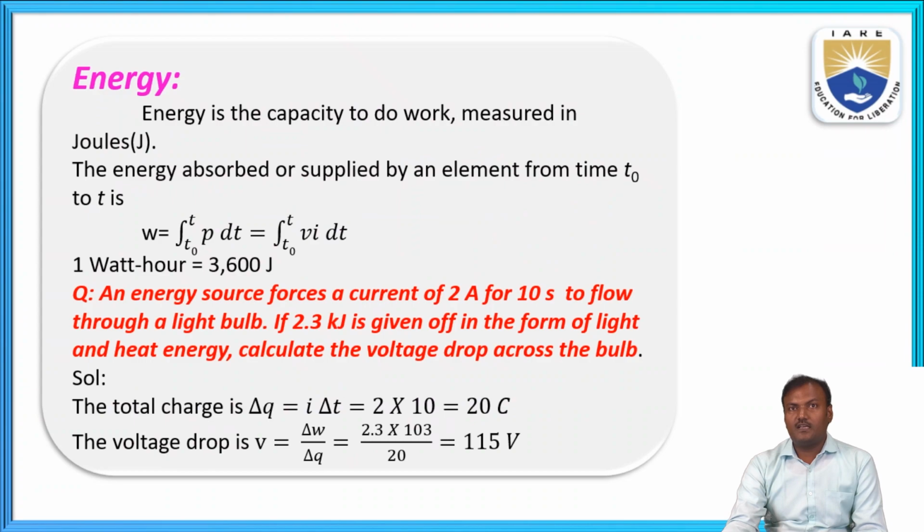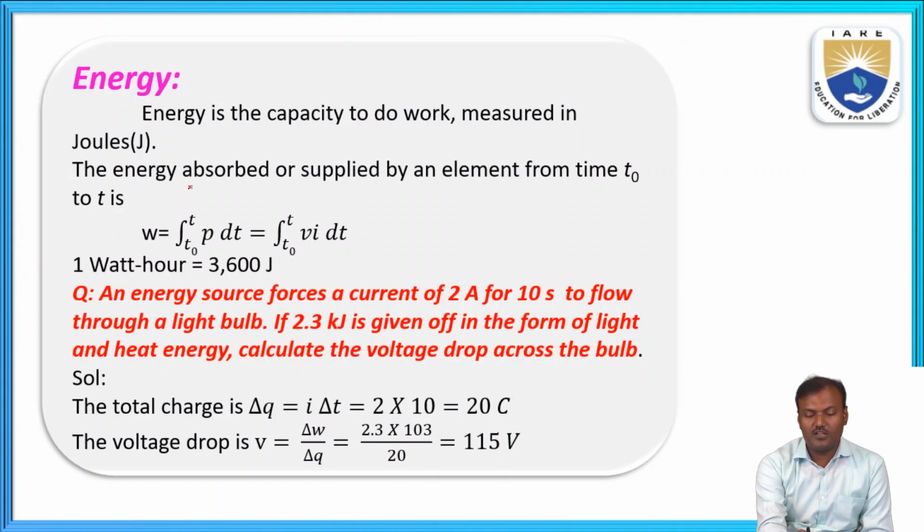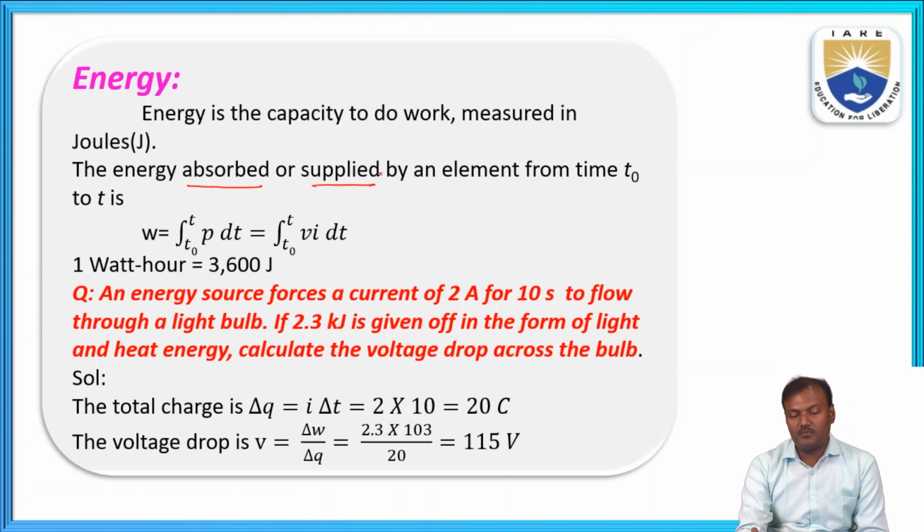So next one is energy. Energy is the capacity to do work, measured in joules. The energy absorbed or supplied: here we are representing two terminologies, absorbed and supplied. Energy can be supplied by sources and absorbed by the elements. So W is equal to the integral from t0 to t of P dt, when the time interval t0 to t is considered.